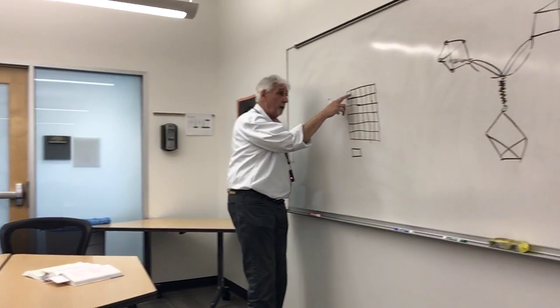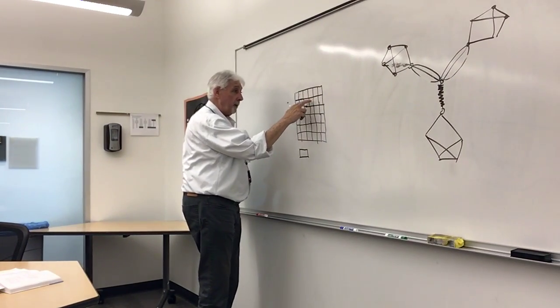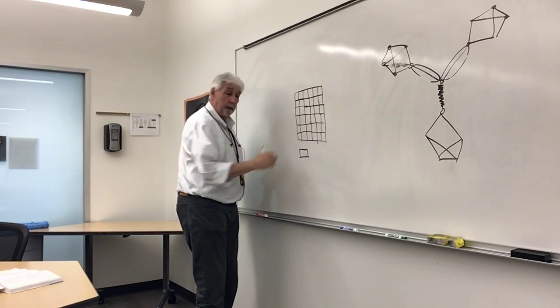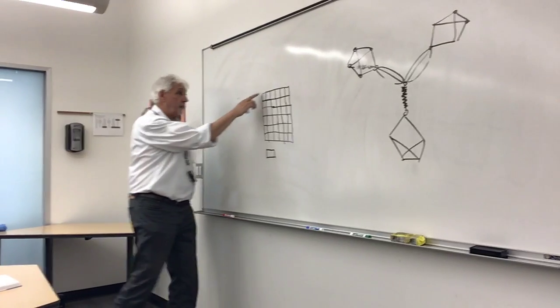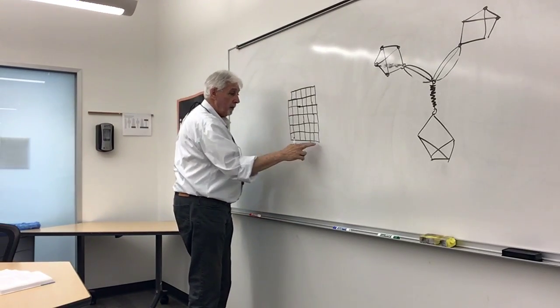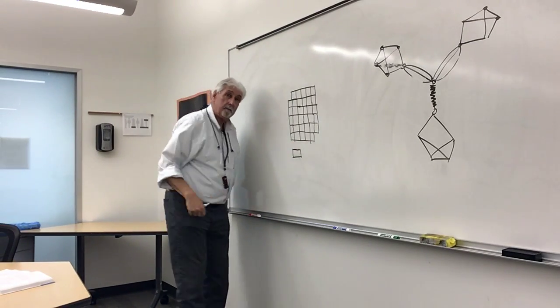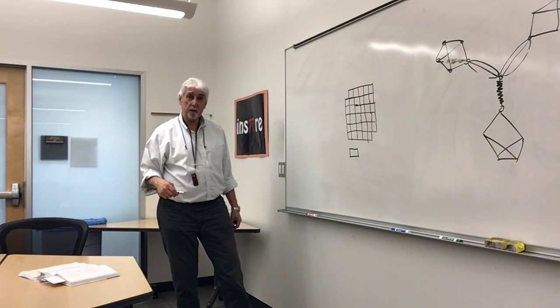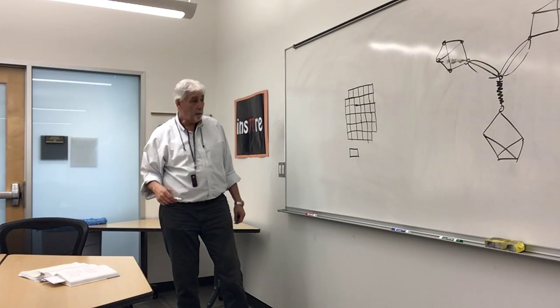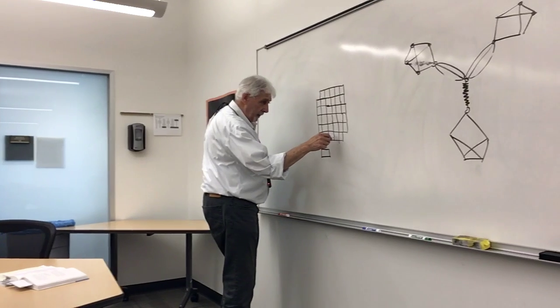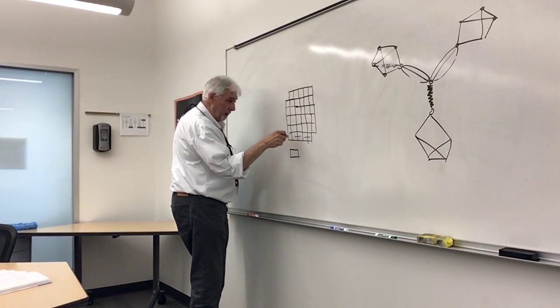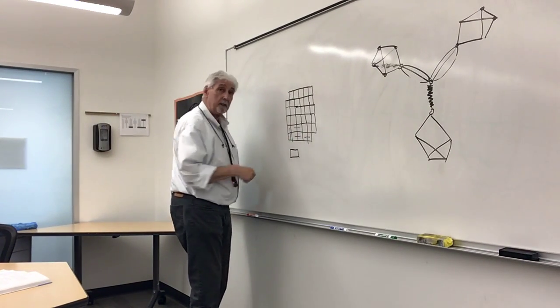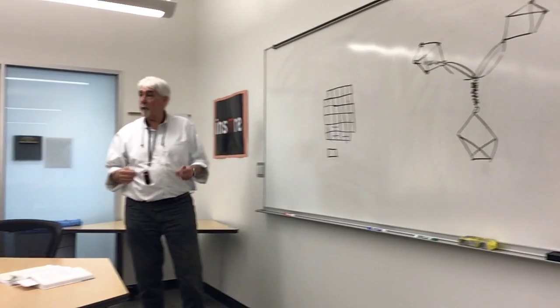Here's a domino, here's a domino, all the way down. Well, why can't I do that here? You can't split the domino in half. No, you can't cut dominoes. Dominoes always come together. But why can't I go like this? I put a domino here, and here, and here, and so forth. Well, what's wrong with that?